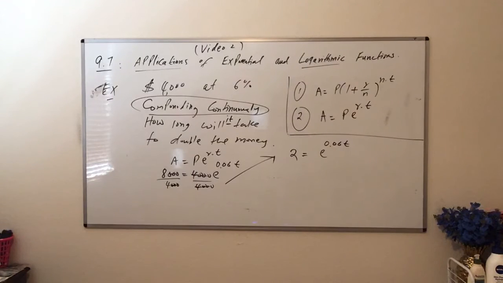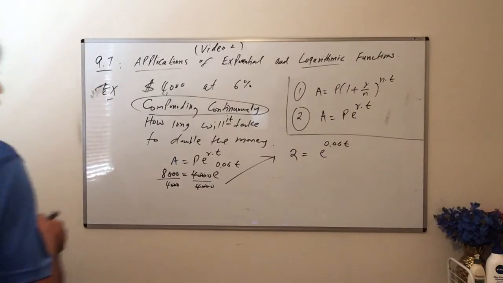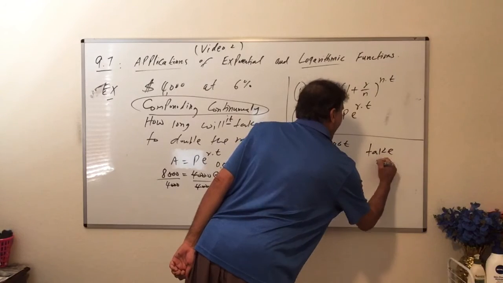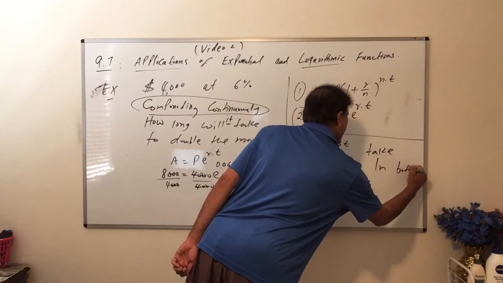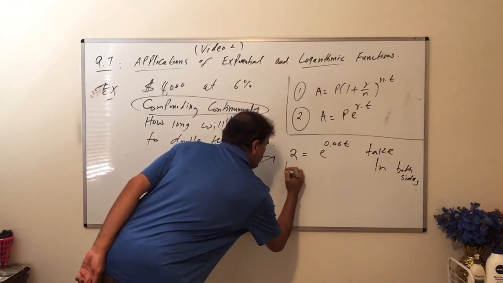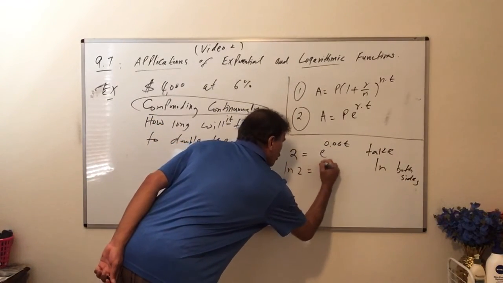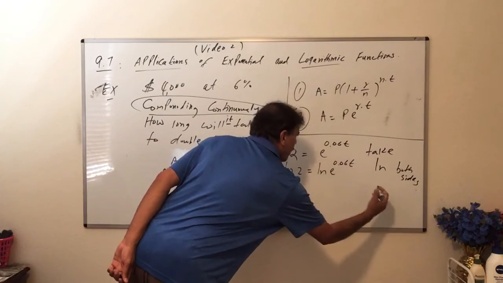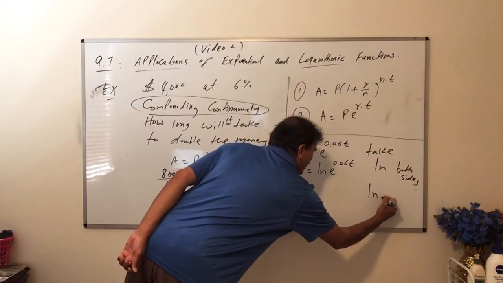We're going to take natural log because remember, common log has base 10 and natural log has base e. So in this case, we're going to take ln both sides. So ln of 2 equals ln e to the 0.06t.